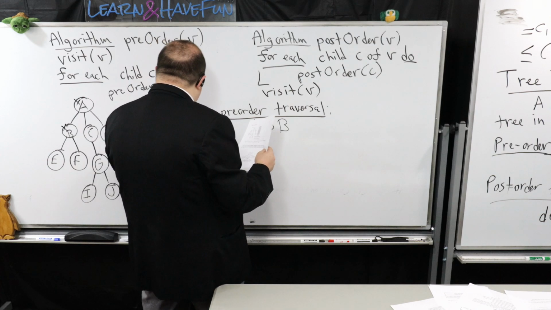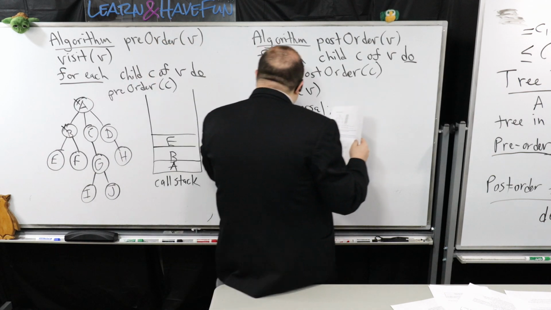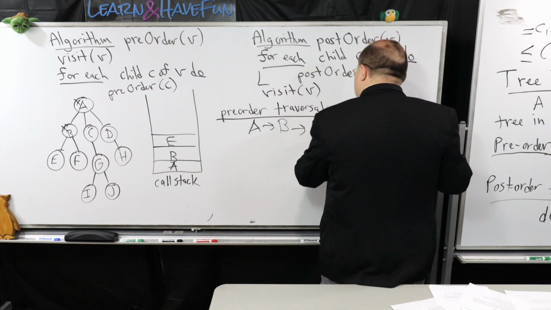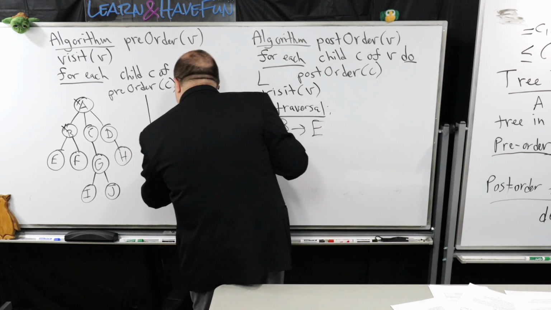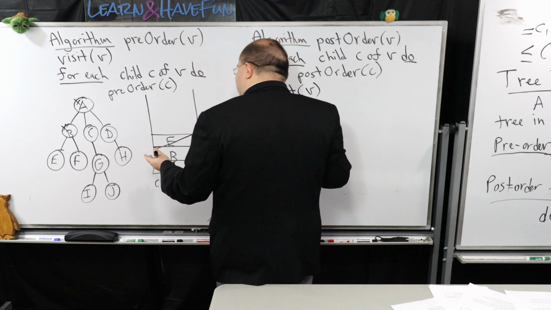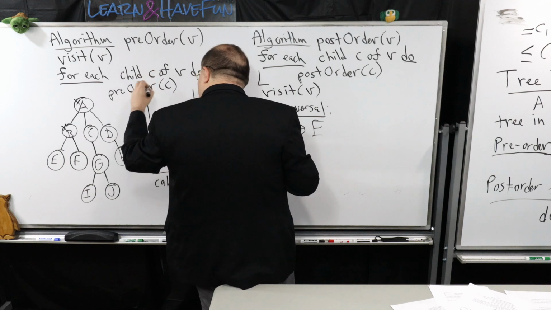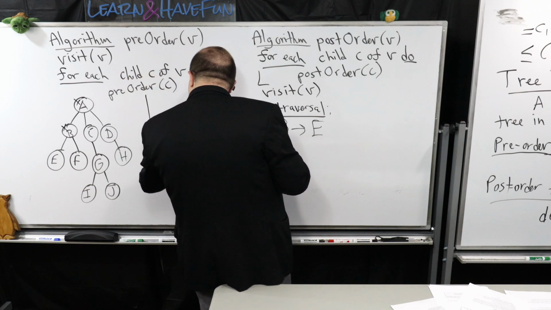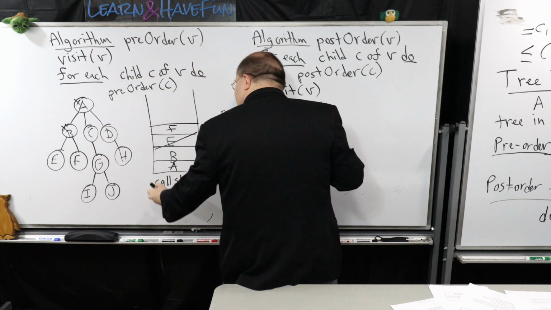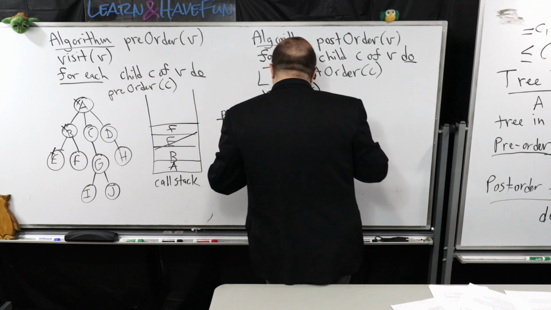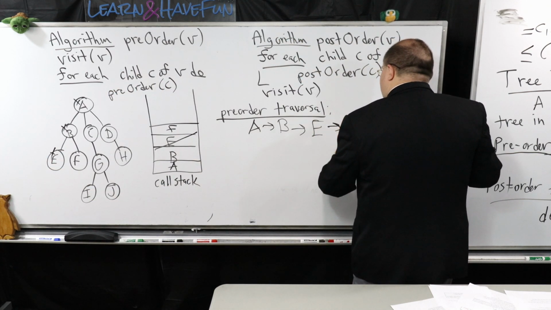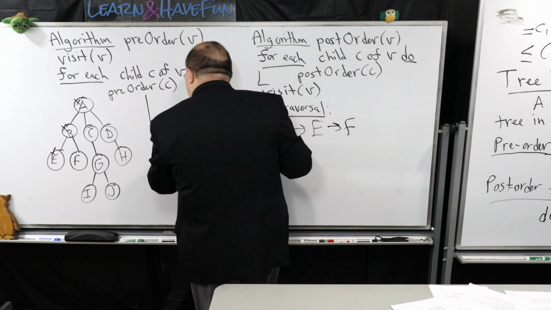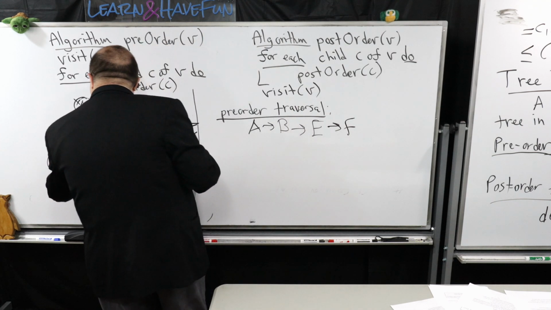So I call it on E. I visit E. I'm done with E because there are no children for this node, right? I just visit it and I'm done. That means I visit my next child. So I have F. F is a leaf. I'm just done here after I visited it.